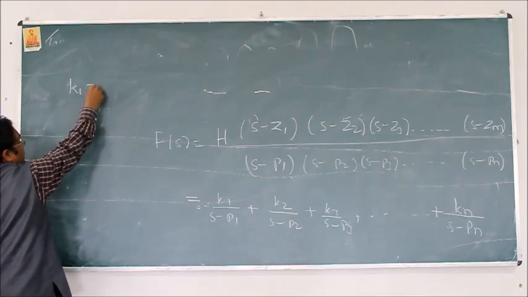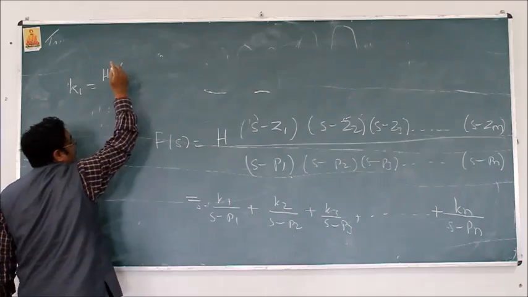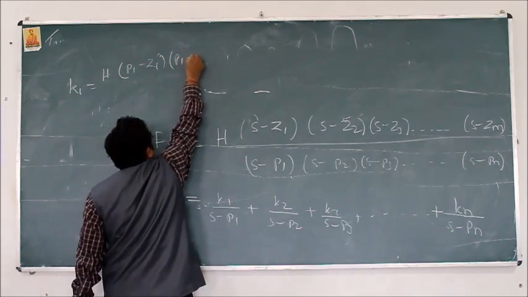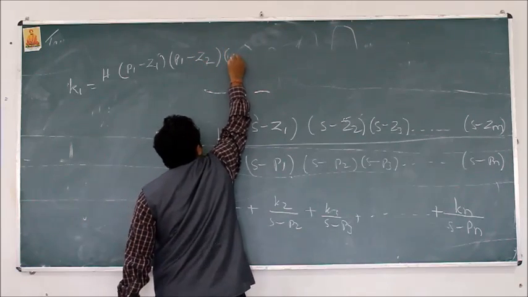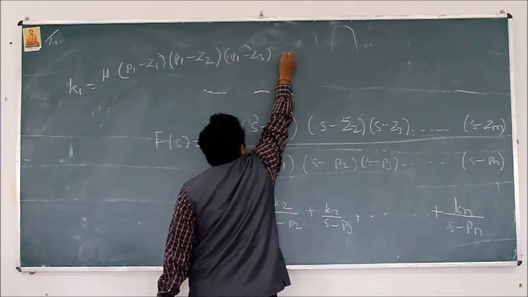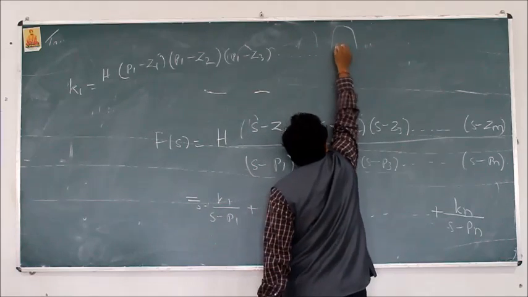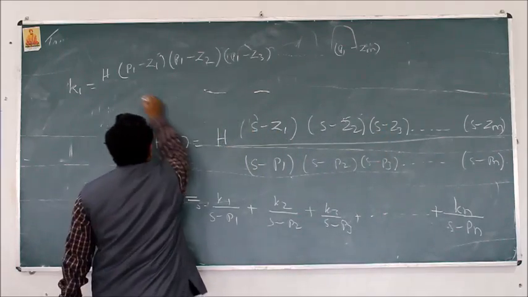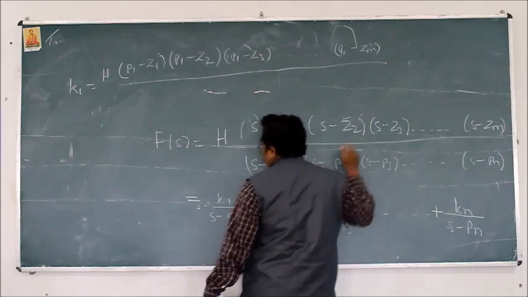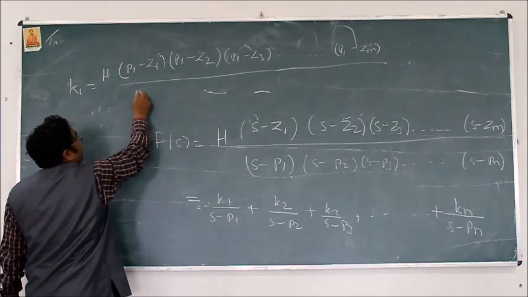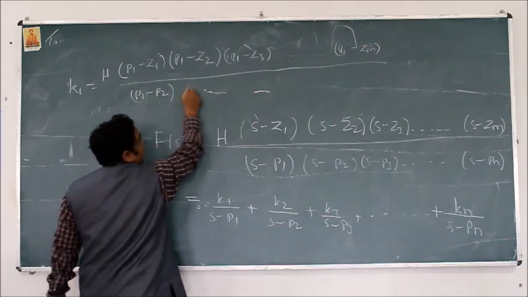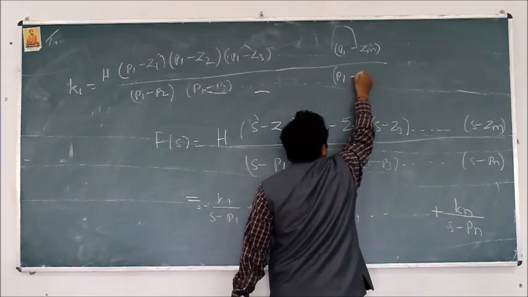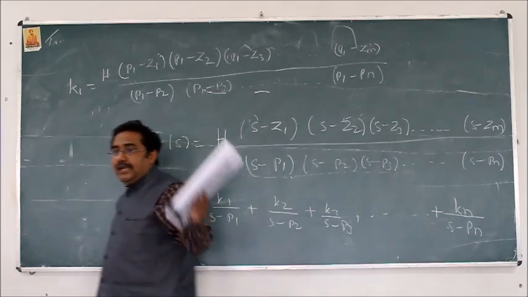K1 is equal to H times (P1 minus Z1)(P1 minus Z2)(P1 minus Z3) up to (P1 minus Zm), divided by (P1 minus P2)(P1 minus P3) up to (P1 minus Pn). Clear?